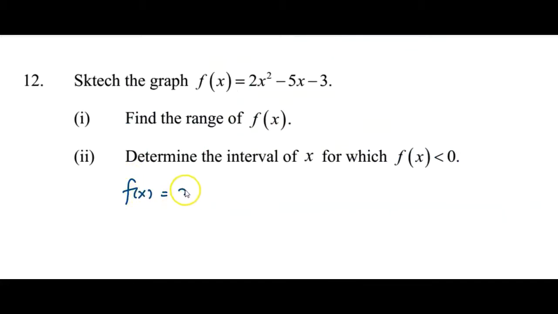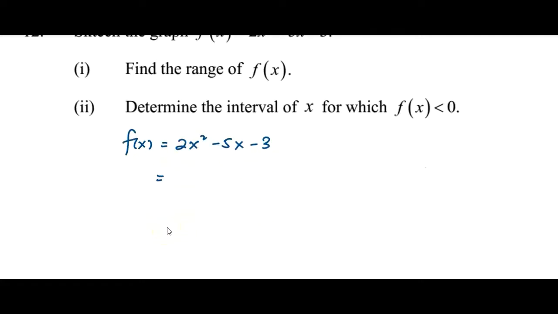This question is similar to the previous question. We just need to do completing the square in order to determine the minimum point, so that I can sketch the graph. Firstly, I will just factor out the 2. I got my negative 5 over 2x minus 3 over 2. And then complete the square.